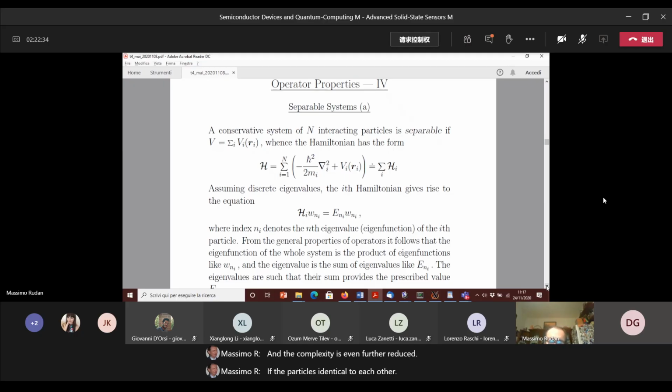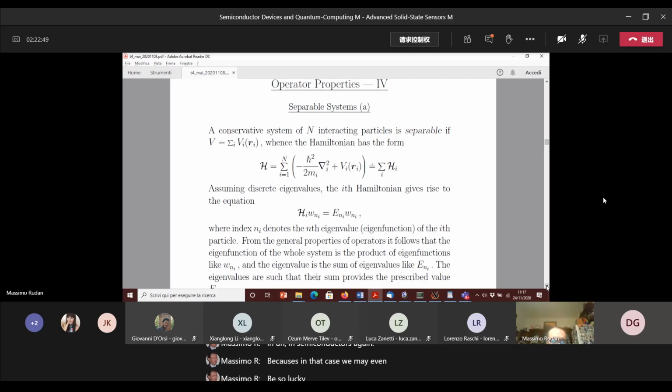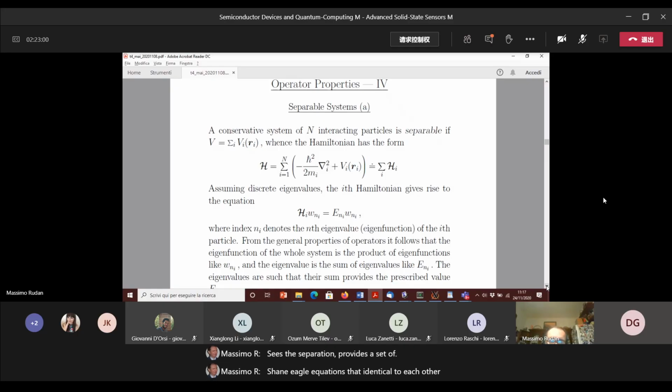For instance, if we have a system of electrons, as typically happens in semiconductors, because in that case, we may even be so lucky that, since the separation provides a set of Schrödinger equations that are identical to each other, we just solve one single particle Schrödinger equation.